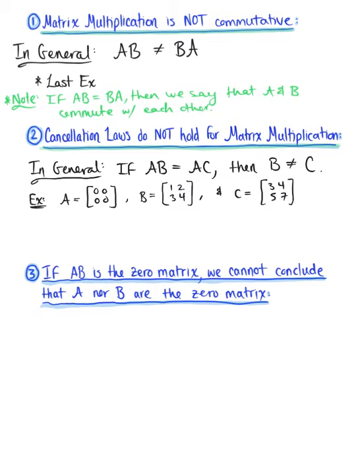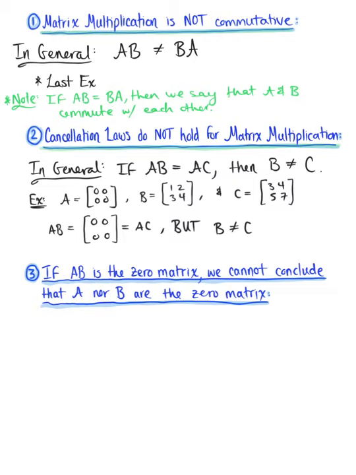So we can see here that matrix A times matrix B is certainly going to be equal to the zero matrix, which is equivalent to matrix A times matrix C. But we can also see that matrix B certainly does not equal matrix C. So again, the cancellation laws do not necessarily hold true for matrix multiplication. So we want to be mindful of that. We can't make any assumptions.